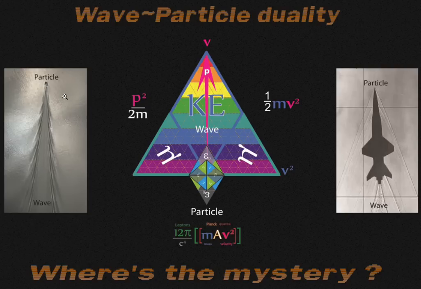So just like a boat in water is pictured on the left, or a supersonic plane breaking through the sound barrier on the right, in both cases we have particles of mass matter, and the energy of their motion is stored in their velocity and creates a wave field in proportion to their velocity.